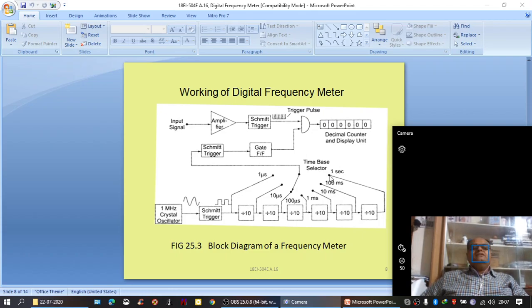If 1 second gating pulse is taken, the counter output itself is a direct indicator of the unknown frequency. So that is how the frequency of the unknown signal is measured accurately using a digital frequency meter.